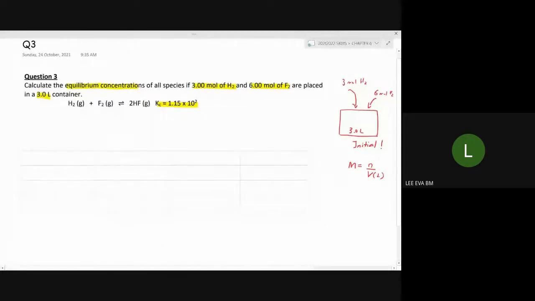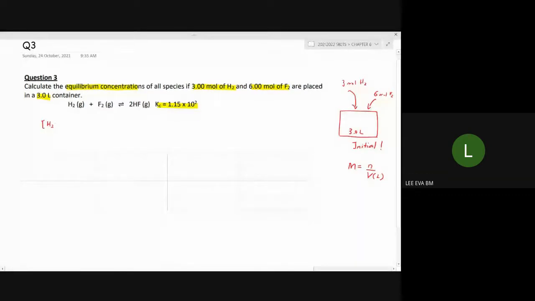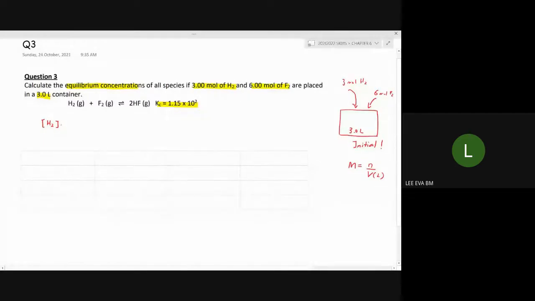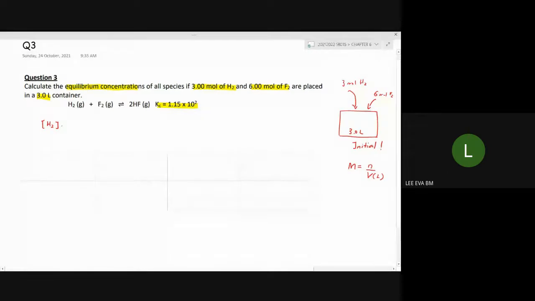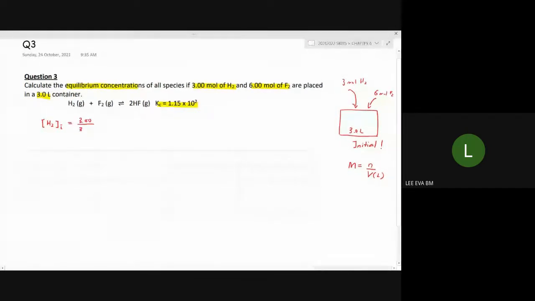So ini boleh kira sendiri. Okay, so kita kira dulu initial concentrations of H2 sebab dia bagi number of mole. Jangan lupa unit. Setakat ini kita pakai concentration. So H2 initial concentration is 3 mole over 3 liter, which gives you 1 molar.